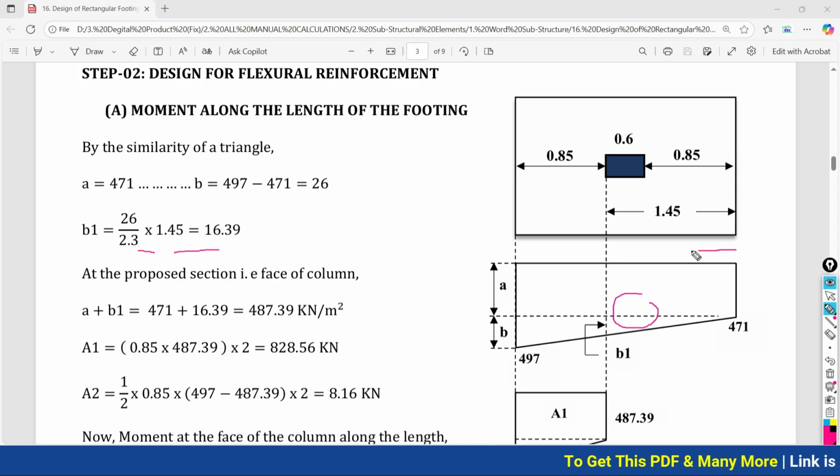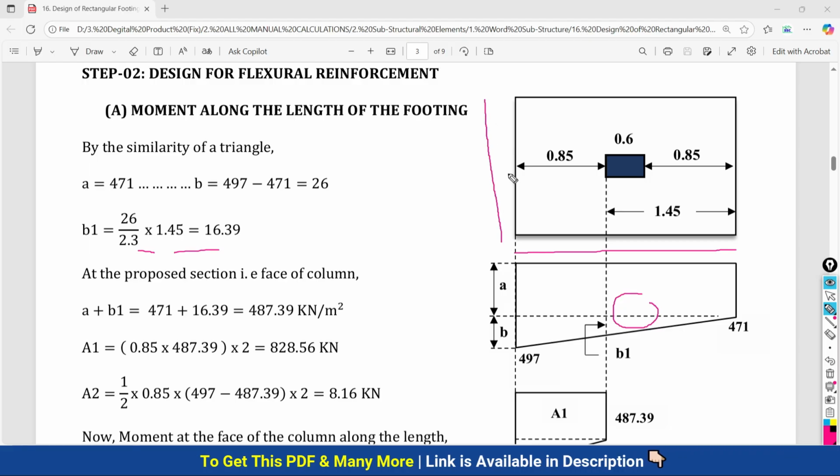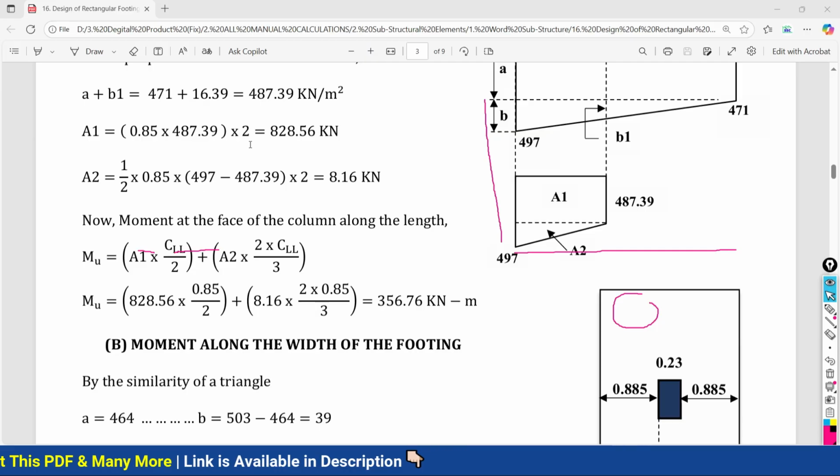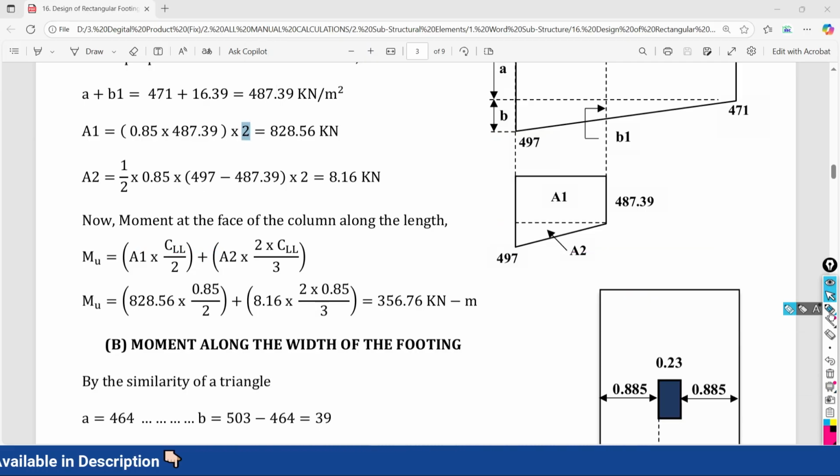We are doing the calculation along the length. This pressure is distributed over the width of the footing, so we multiply with the width. If you do this calculation, we get area 1 as 828.56 kilonewton.